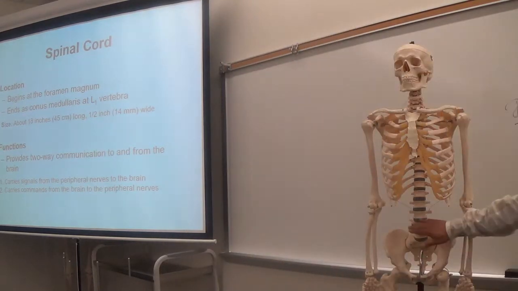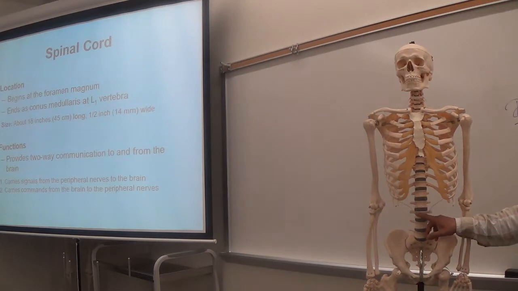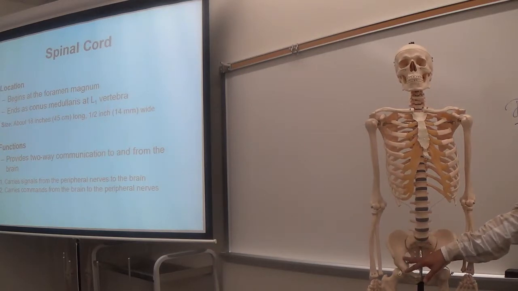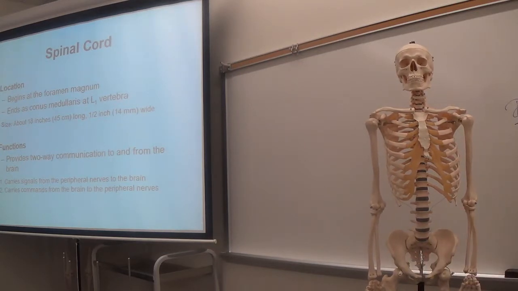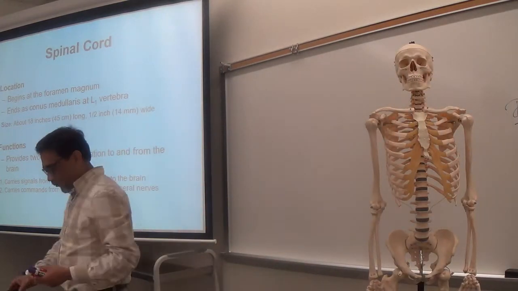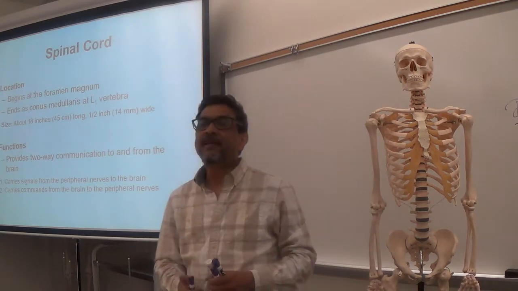So, is there any spinal cord in this part? No, because it ends at L1 or L2, right? So, at L3, 4, 5, there is no spinal cord. Okay? Now, the length of the spinal cord is about 18 inches.